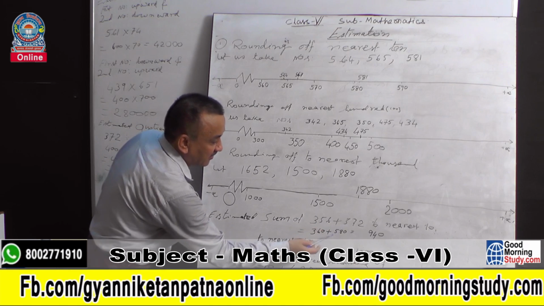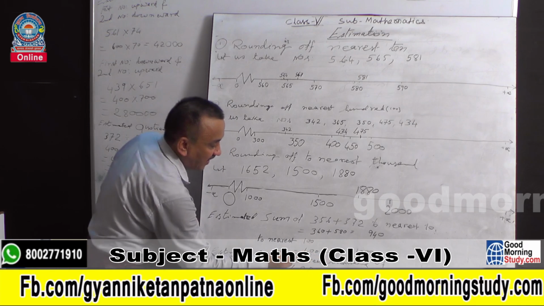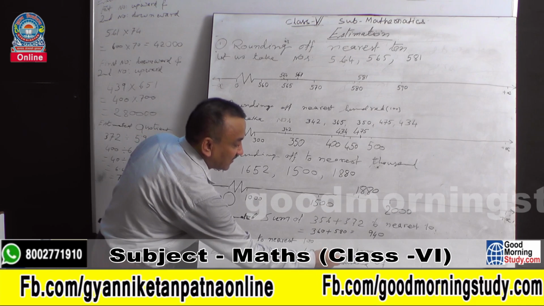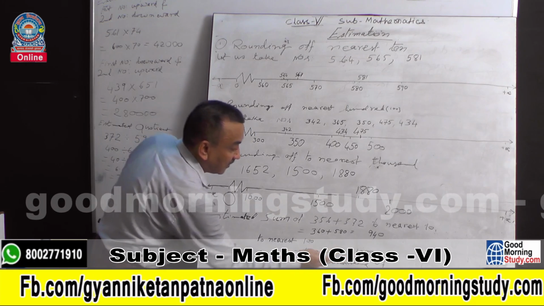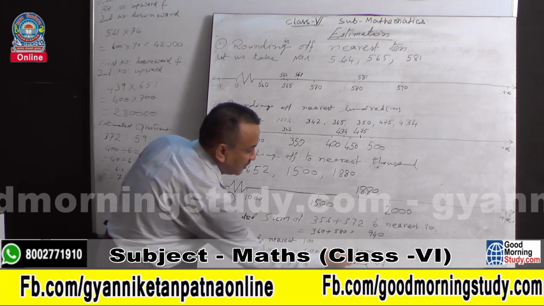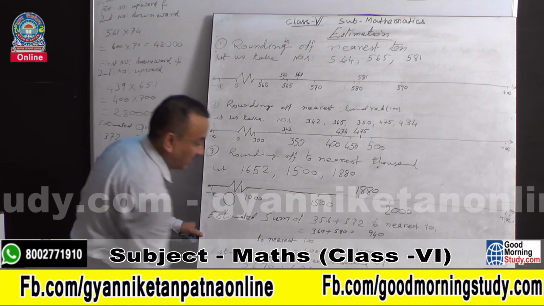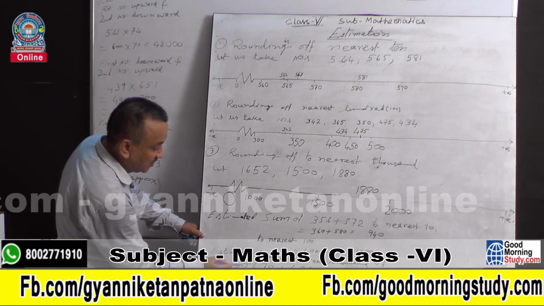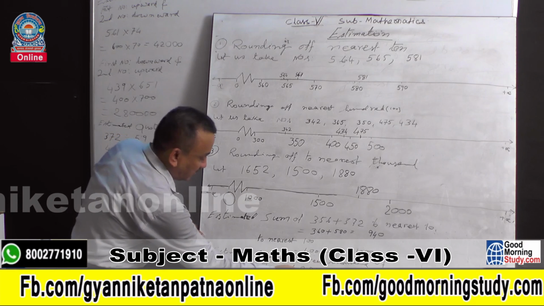In the same way, the nearest 100 of 572 is 600, and if you add them, that means 1000. Now the estimated sum to the nearest 1000: 5600 is the first and 670 and 4891.